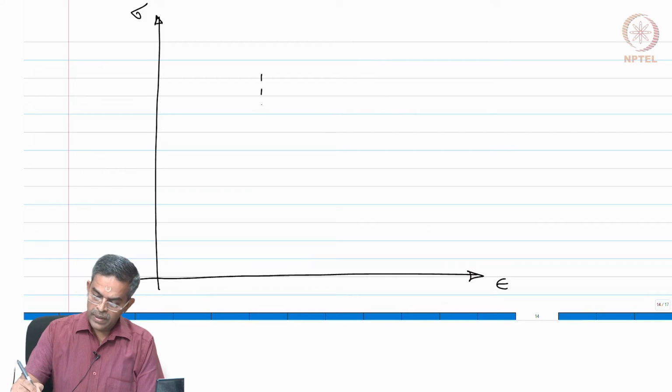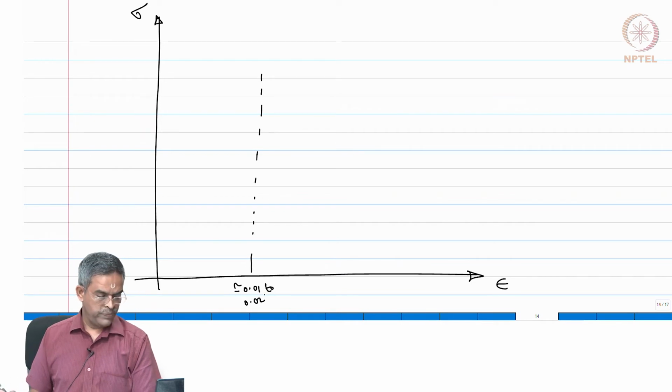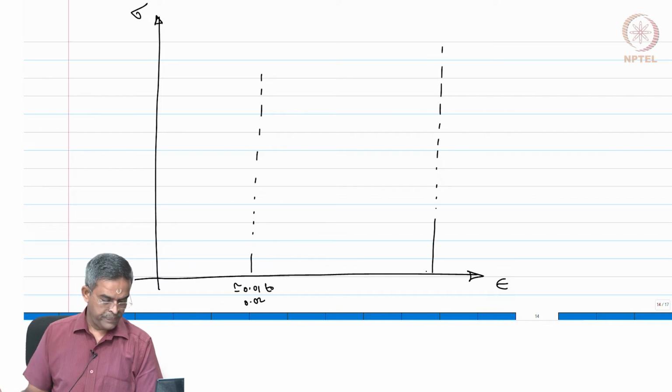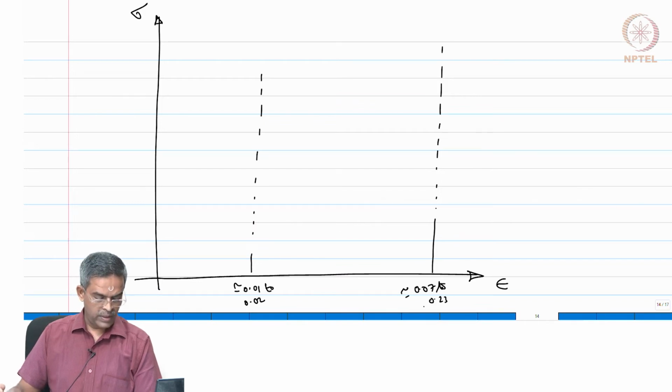Let us draw a vertical line at approximately 0.001 to 0.02. Let us draw another line with large ductility at 0.07 approximately to 0.23.